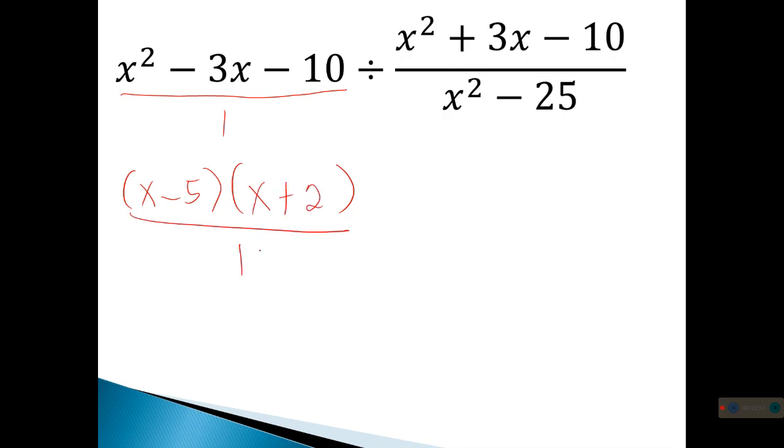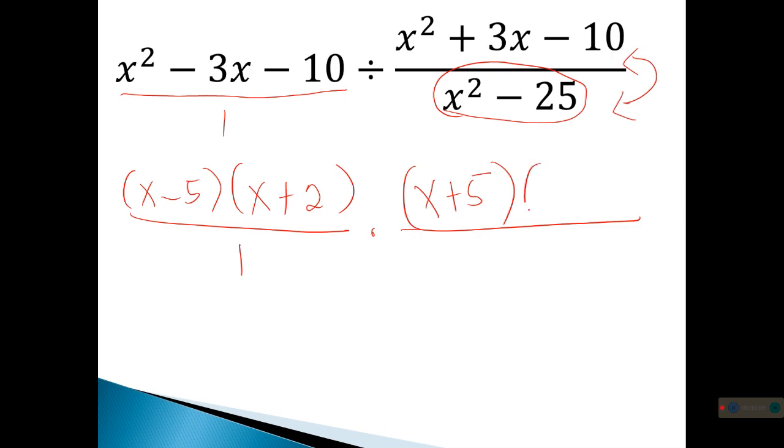So this is over 1 times, flip the second fraction. So the factors of x squared minus 25 should be written on the numerator. So you will have here x plus 5 times x minus 5. And then the factors of x squared plus 3x minus 10 should be written on the denominator. So you will have here x plus 5 times x minus 2.